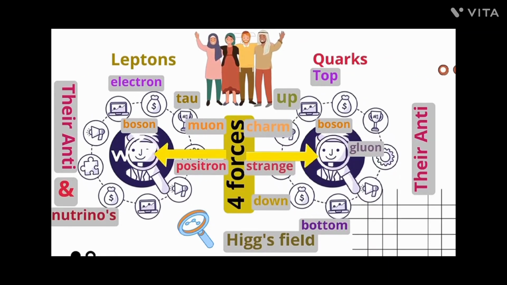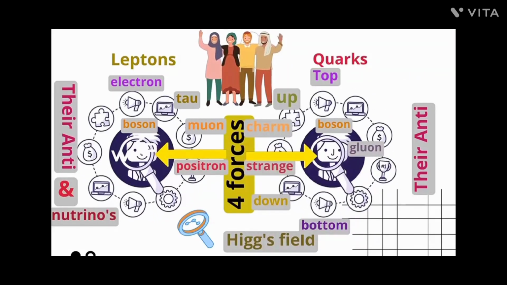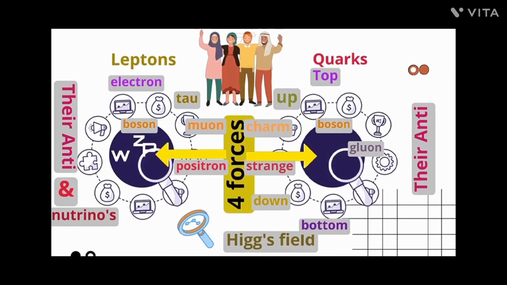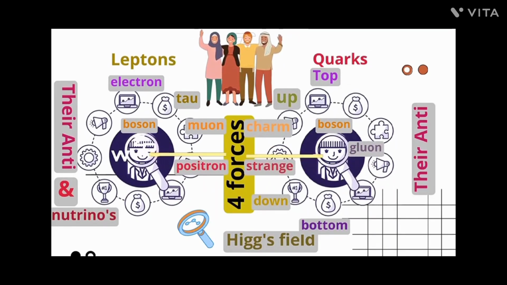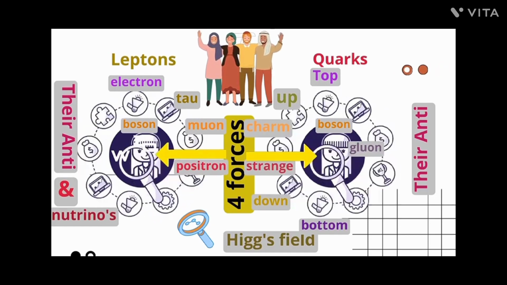Now if we see, there are leptons: an electron, a tau, a muon, and a positron.